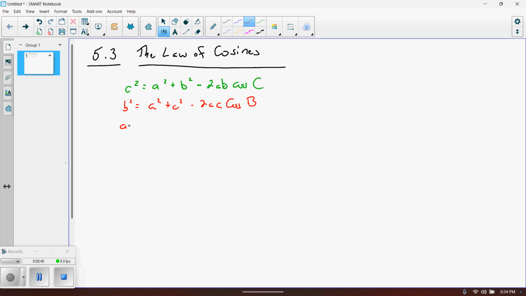We are going to have a squared on the left, and then, because if you notice the Pythagorean theorem part of this, it would be b squared plus c squared, and then you're taking away 2 times the two sides that are on the right-hand side of the equation, which is bc, and then the cosine part is the angle opposite of the side that we are solving for.